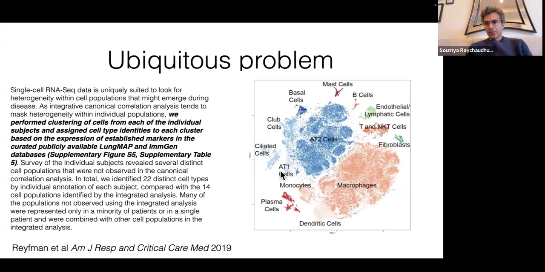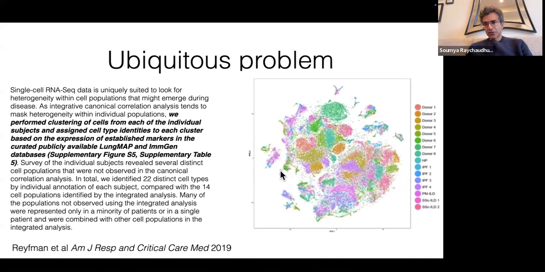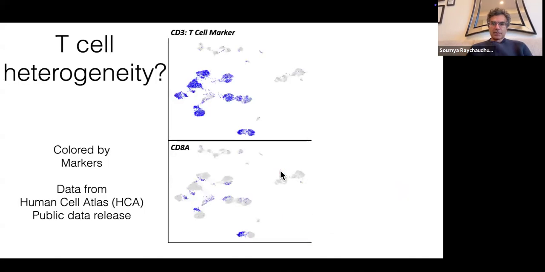This is another paper around the same era, looking at some lung tissue. Again, you see these major clusters, but if you start coloring by individuals, you start to see that each of the individuals sort of segregate. And again, that's a problem. So this is early data from the Human Cell Atlas, looking at T cell heterogeneity. Again, you apply standard methods.